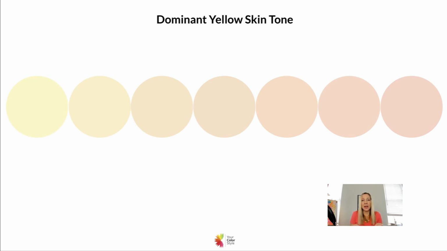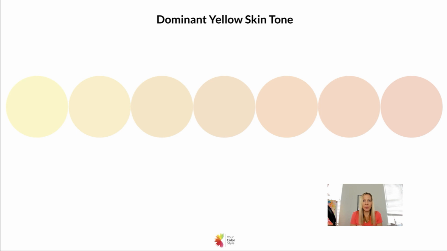Since we're talking now about dominant yellow and olive skin tones, I've shifted this chart to target specifically this conversation. And so now imagine that if you are lighter skinned, your skin could be yellow or close to yellow, a light yellow, through beiges, warm beiges to peaches to pink.